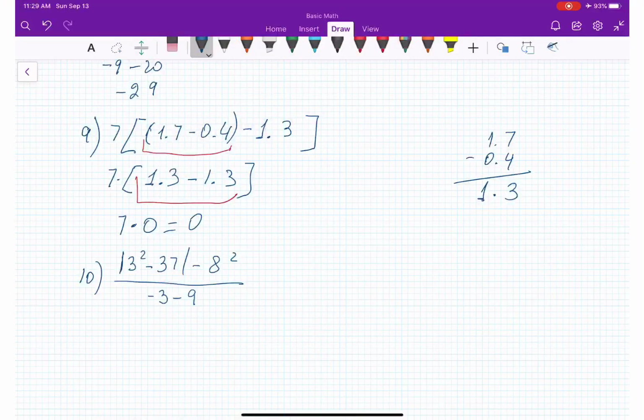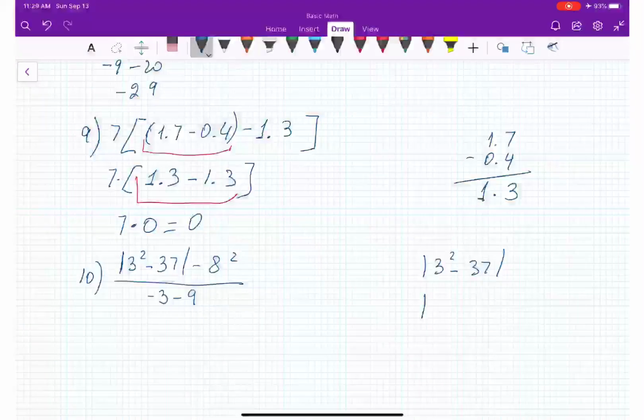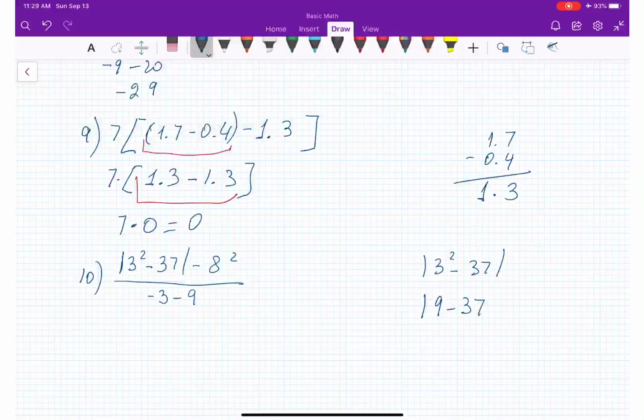Okay, so first of all we have to take care of the absolute value. Before we take care of the absolute value, let's solve the problem inside of it. So 3 squared minus 37. 3 squared is 9, minus 37. So 37 minus 9 is going to be 28, right?